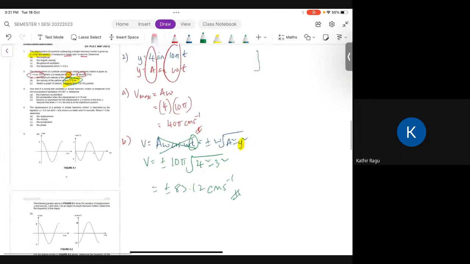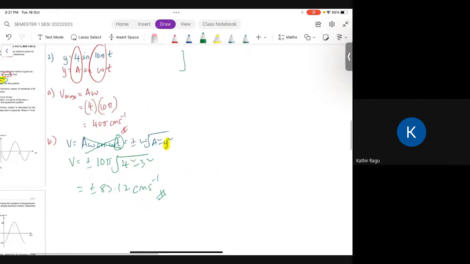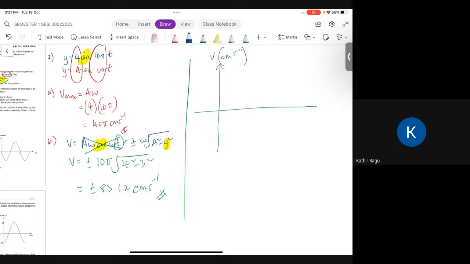Okay. Question number C. They ask you to sketch a graph of V against t. So ini adalah graph cos. Macam mana you tahu dia graph cos? Sebab dia start dengan sin. Lepas start dengan sin, V akan jadi cos. So pertama sekali kalau tak tahu nak buat apa, buat je dia punya table.